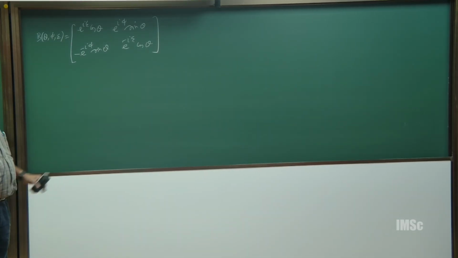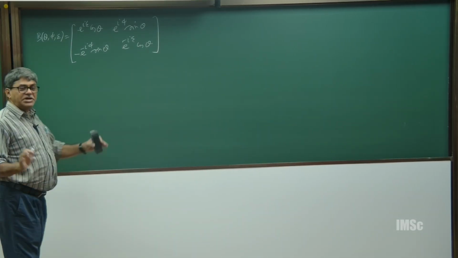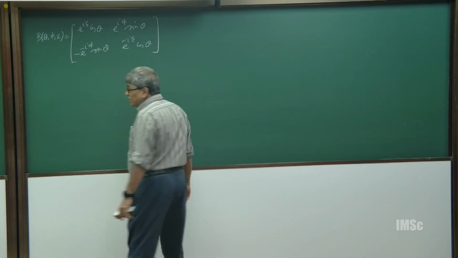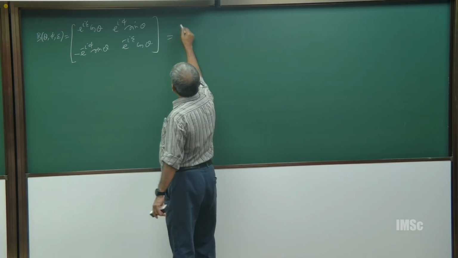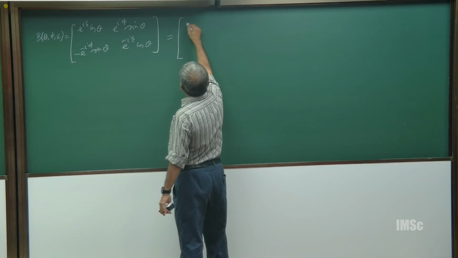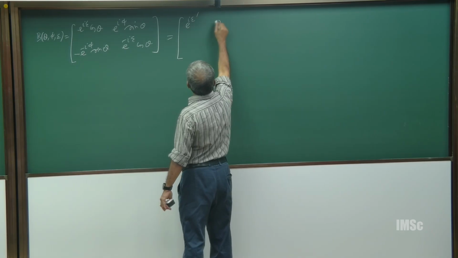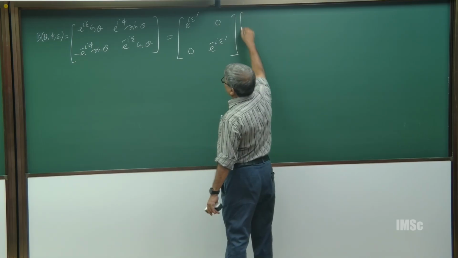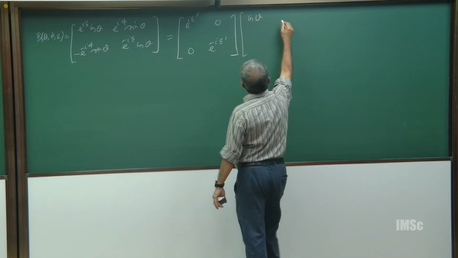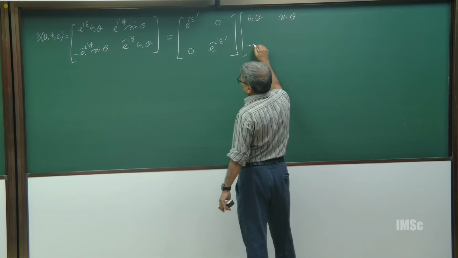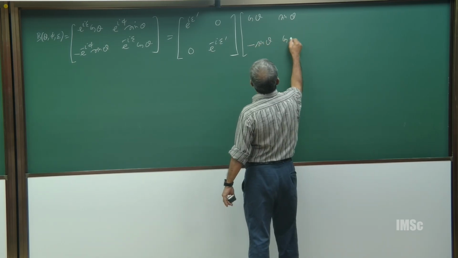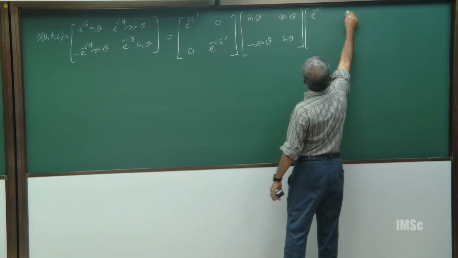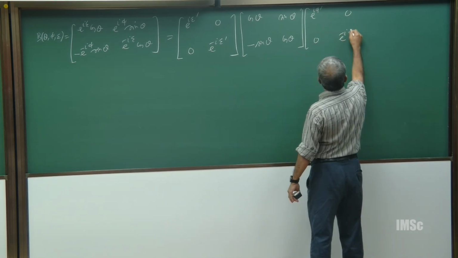So, now to get this unitary representation I will have to do a trick to make my life easier. Let me write it as e to the power I epsilon prime, 0, 0, e to the power minus I epsilon prime, then cosine theta, sin theta, minus sin theta, cosine theta, and then e to the power I phi prime, 0, 0, e to the power minus I phi prime.